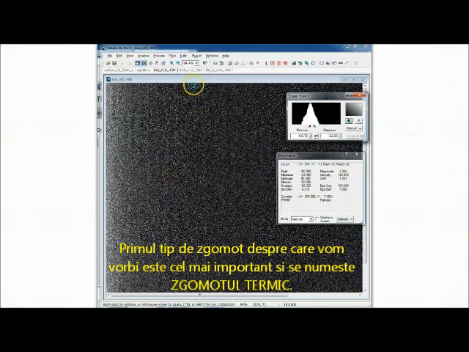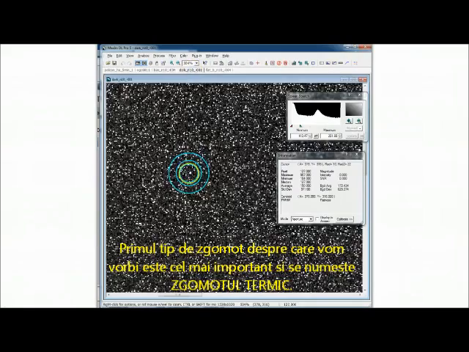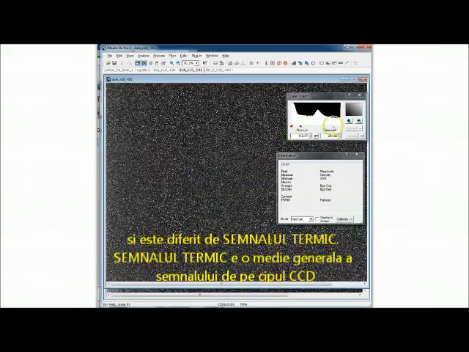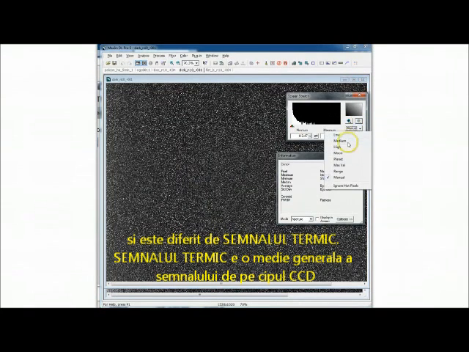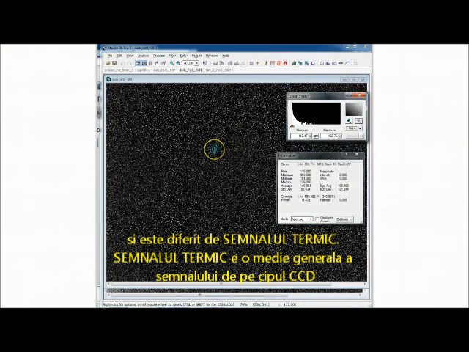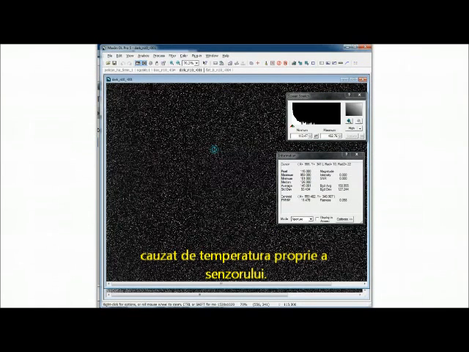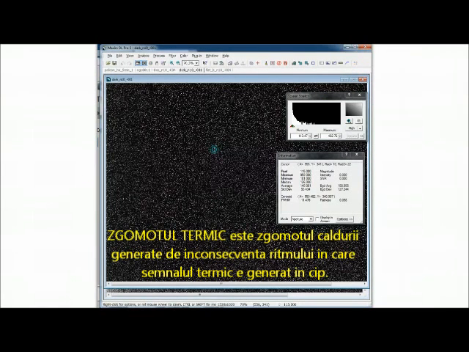The first type of noise we need to discuss is the most significant. It's called thermal noise, and this is different than thermal signal. Thermal signal is an average overall increase of the signal on your CCD chip caused by the temperature of the chip itself. Thermal noise is the heat noise caused by inconsistencies in the rate at which thermal signals are generated in the chip.